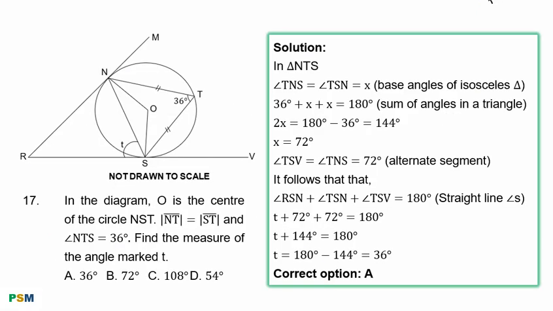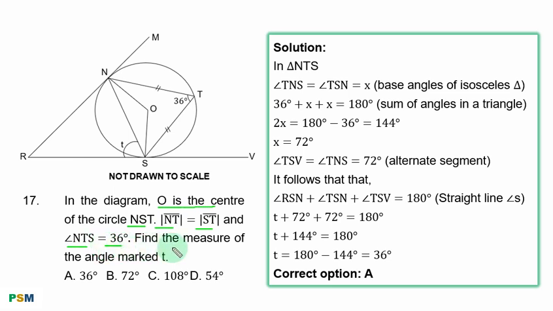Question 17. In the diagram, O is the center of the circle NST. NT is equal to ST and angle NTS is equal to 36 degrees.